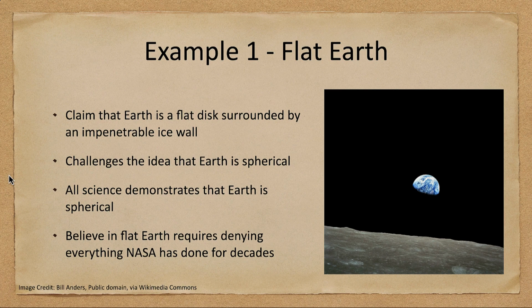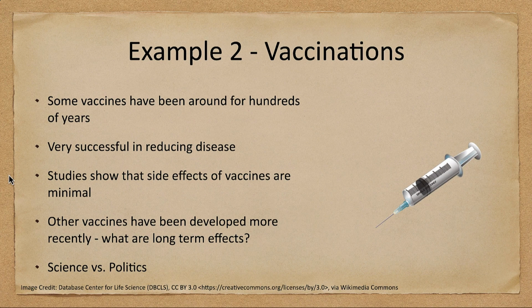Let's look at a second example, vaccinations. Many vaccinations have been around for hundreds of years and have done a great job of reducing diseases. However, there are those who consider vaccinations to be dangerous. What is the scientific evidence here?